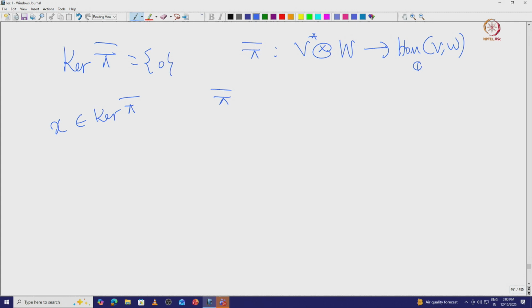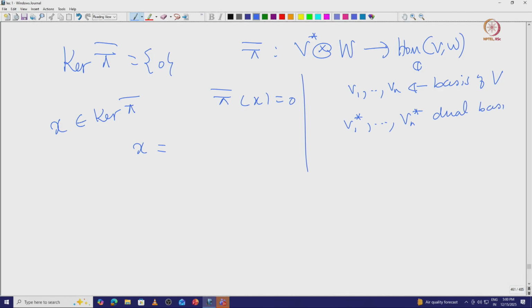So, now how will this x look? Pi bar of x is 0, but x will look like a sum of simple tensors. Now we can actually fix a basis here. Let us fix V 1, etcetera, V n to be a basis of V. Then we have the dual basis V 1 star, etcetera, V n star. This is the corresponding dual basis, and this is a basis of V star.